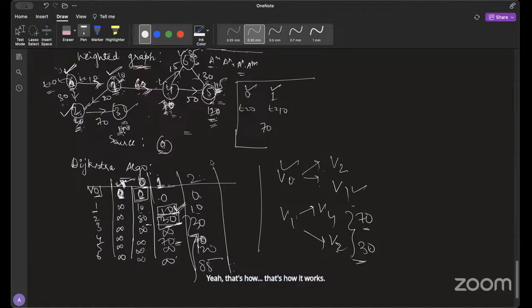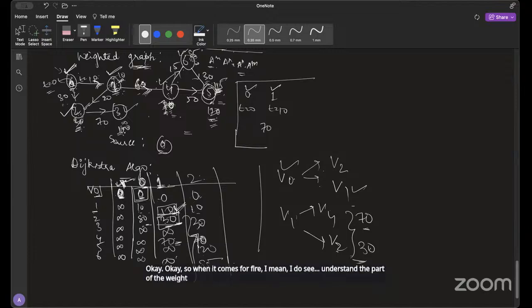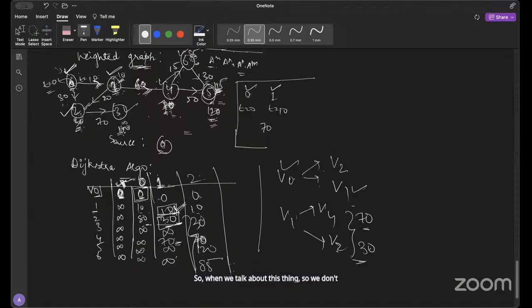Okay, so when it comes to fire, I do understand the part about the edge weights here. So when we talk about this, we don't have to think about anything in parallel. What will happen to 2 or 3 when we are talking about 5 and 4, when we start from 0, 1, and 4 and 5? I don't think I understand your question.